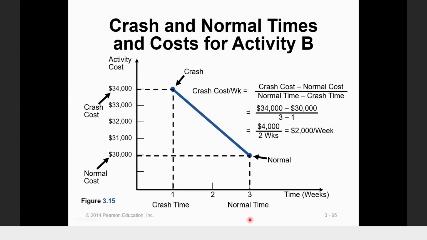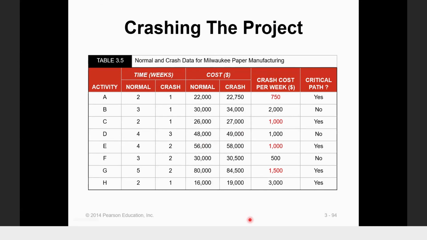All right. If we look at this table, all the crash cost per week here is the slope. So we have to find the smallest slope. We need to find which activities are critical. Only critical activity can be crashed, so we should choose critical activity to be crashed.